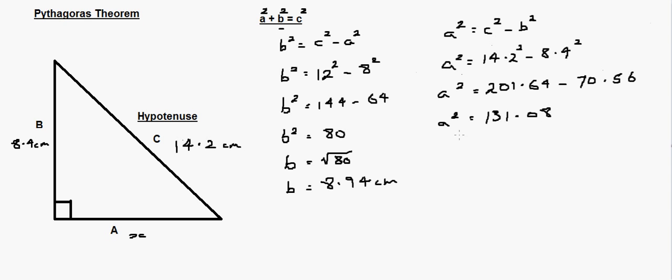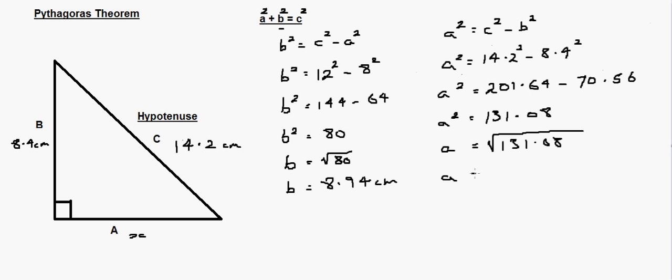Okay, remember this isn't the answer, we have to find the root. And if you think about it logically, this side here couldn't possibly be 131, so that should be an indicator. So A will equal the root of 131.08.